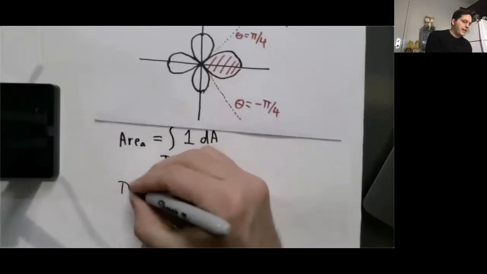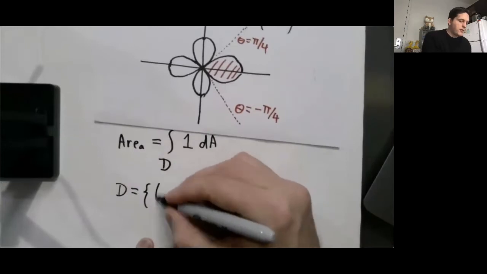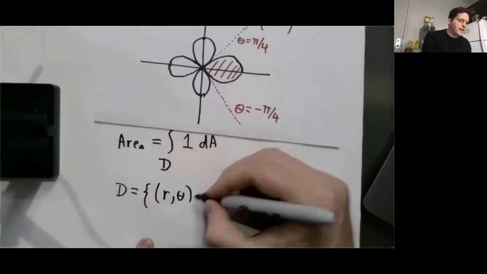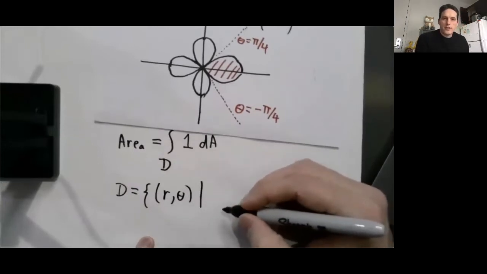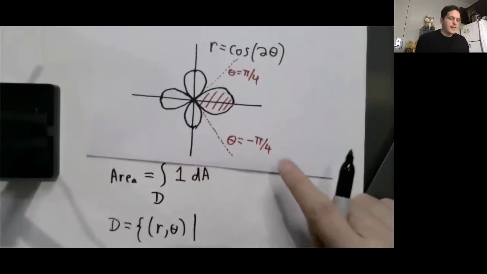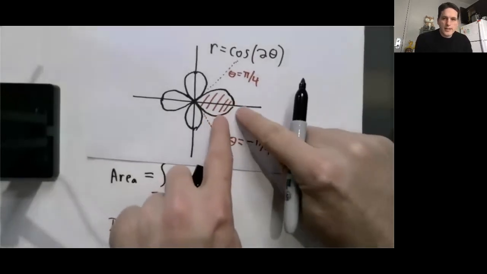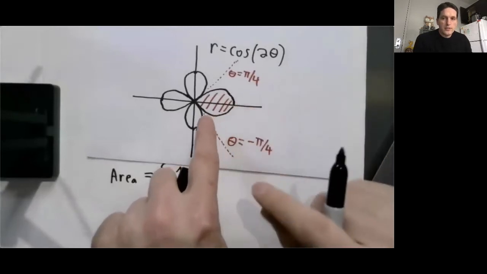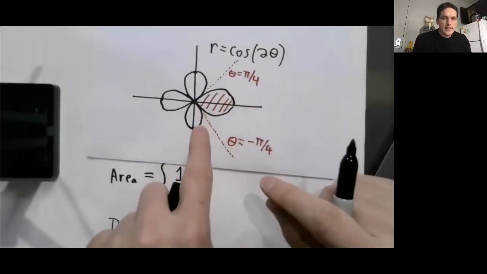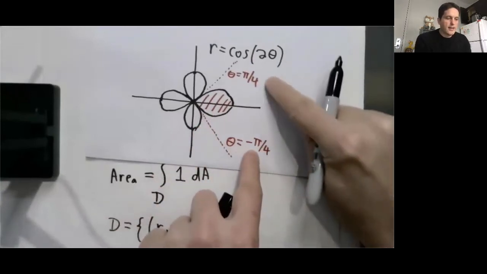This region D can be described as the set of all points r comma theta using polar coordinates such that theta is always, if you look at any point that belongs to this region shaded in red, you will notice that theta is always in between minus pi over 4 and pi over 4.